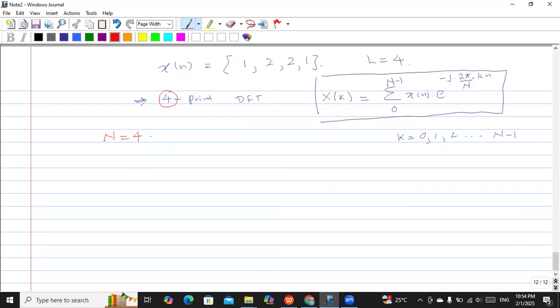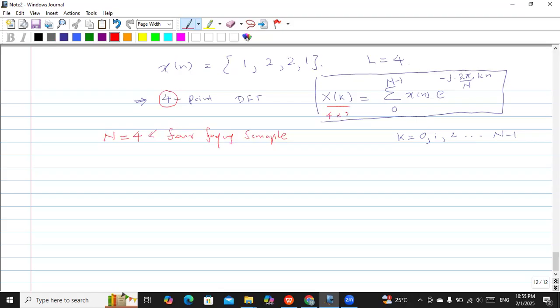That means we are going to find at least 4 frequency samples. These are the frequency samples, so we need to find 4 Xk's.